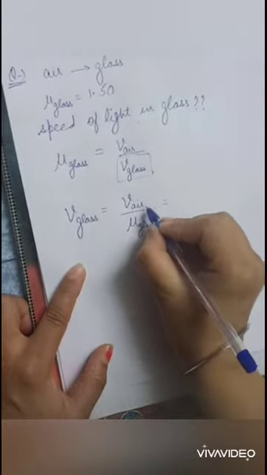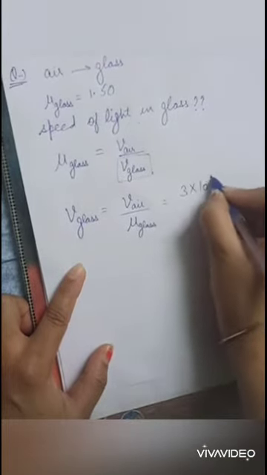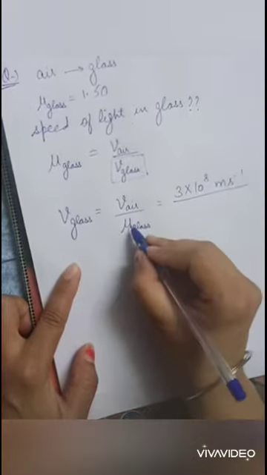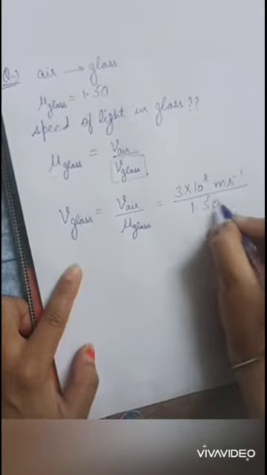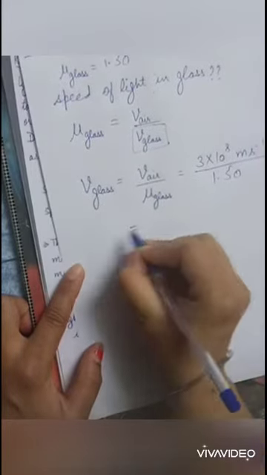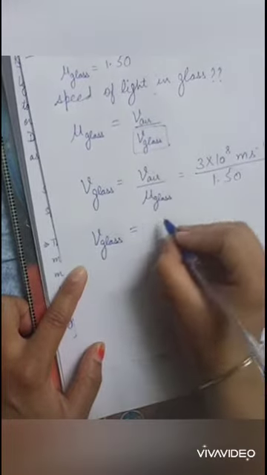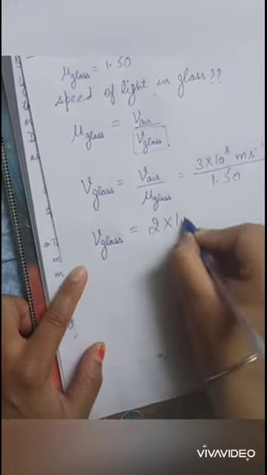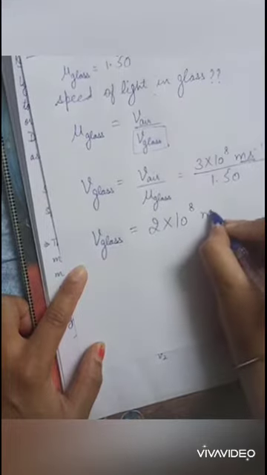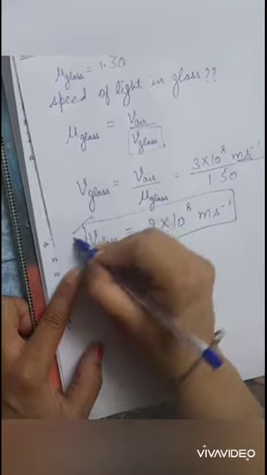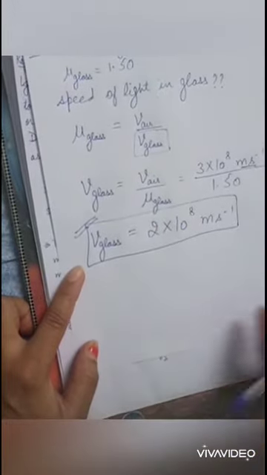All of you know that speed of light in air is equal to 3 into 10 raised to the power 8 meter per second divided by refractive index of glass, which is given as 1.50. Now on solving this equation, we have the value 2 into 10 raised to the power 8 meter per second. Here is the speed of light in glass. Clear?